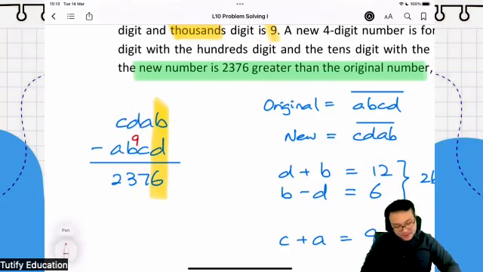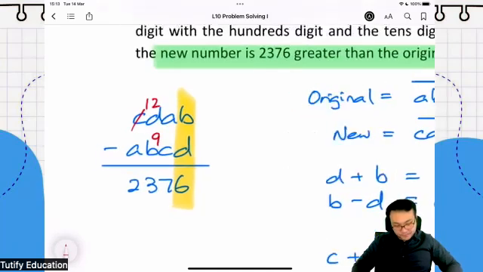But is it possible for D to be 12? No, everything must be a single digit. So there must be a 2 here, and you borrow 10 from C. Very good. So you borrow from C.